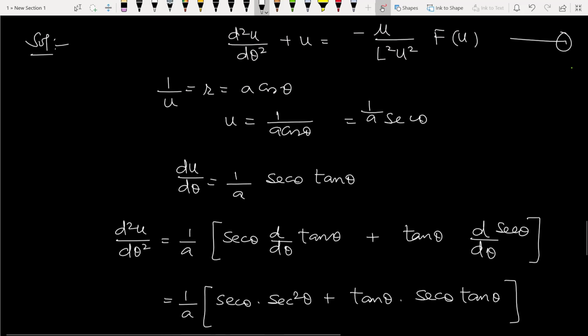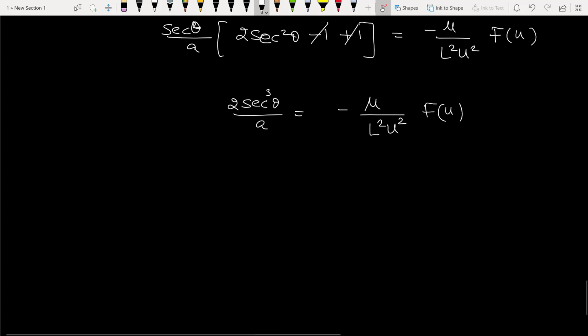Initially we assumed u is equal to 1 by a secant theta, so secant theta divided by a is u. So secant theta is u into a.